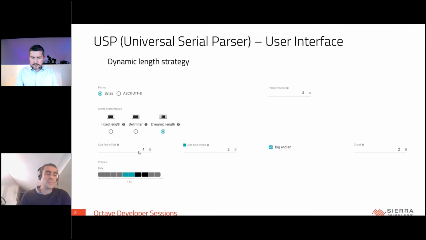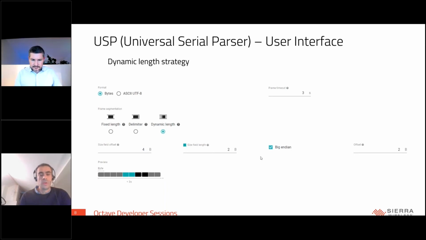So when moving the length here, we have this drawing that allows you to better understand how it will read the length field in the frame. And you can select big endian or not, according to how the length is encoded in the length field.